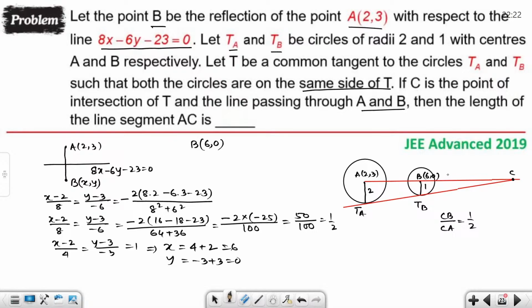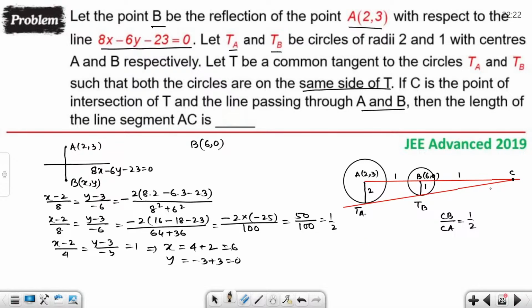So we can assume in this way, if we convert this in terms of internal division, we get that CB length is 1 and given CA is 2, so BA will be 1 again.